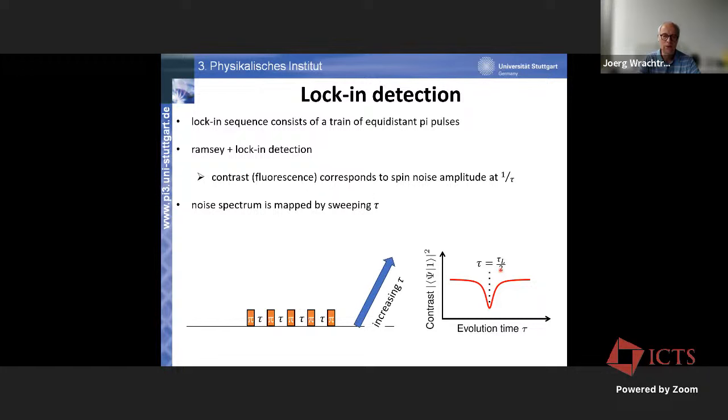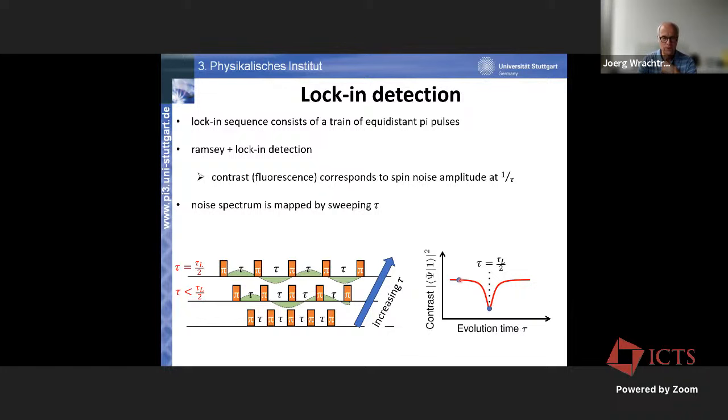Now I increase my tau, so I increase the pulse spacing, right? For example, such that tau Larmor is the Larmor frequency of the nuclear spin I want to detect. If my spacing tau is way longer than this Larmor period, then in my signal recording, I'm here where this bluish dot is.